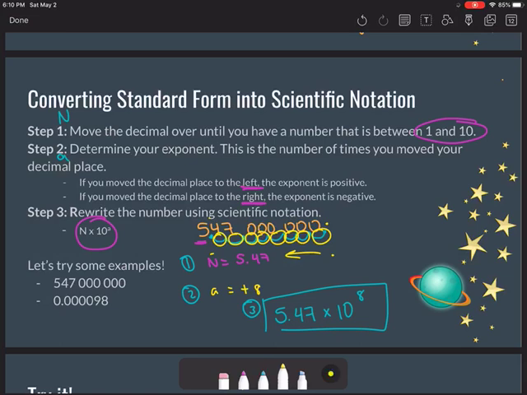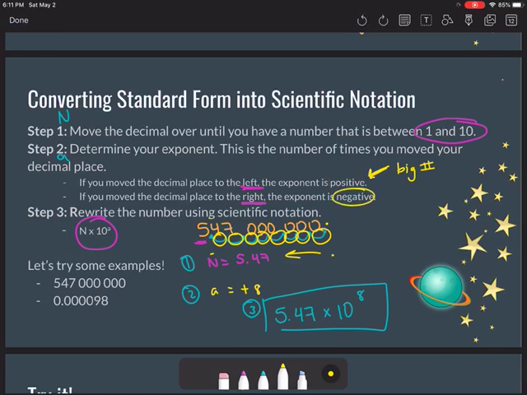What you will notice as a pattern when you're thinking of moving numbers to the left: if you have a big number to begin with, so any number 10 or bigger is considered a big number, and 547 million is a big number, you are going to end up with a positive exponent.